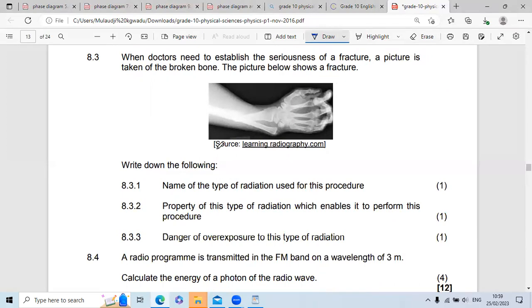Can you try it? X-rays. Exactly. So obviously it's gonna be an X-ray. And they say properties of this type of radiation which enables it to perform this procedure.